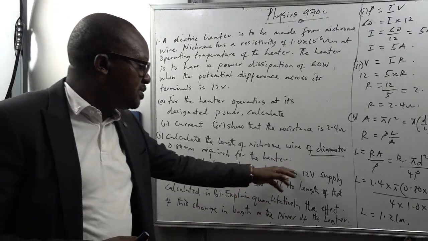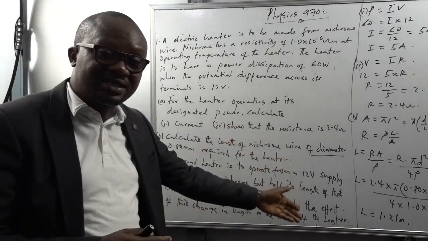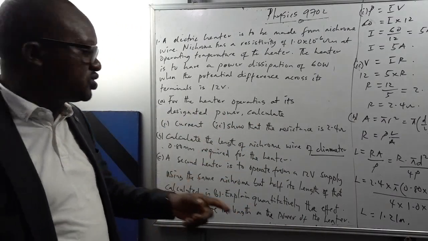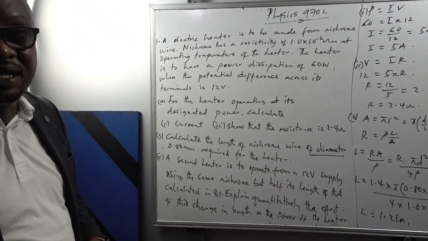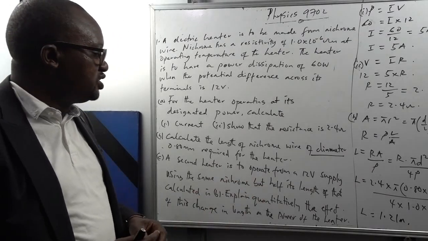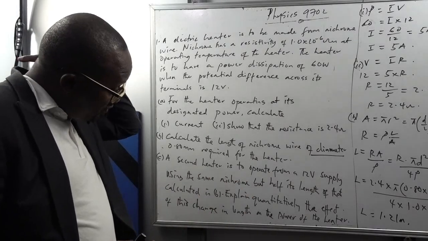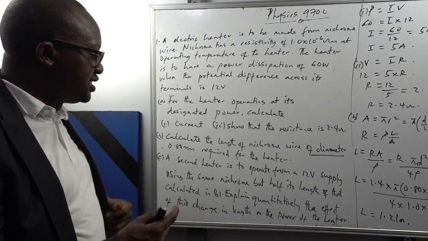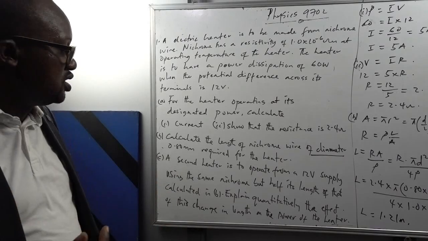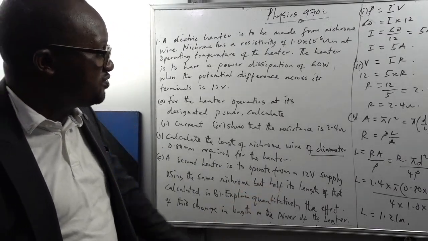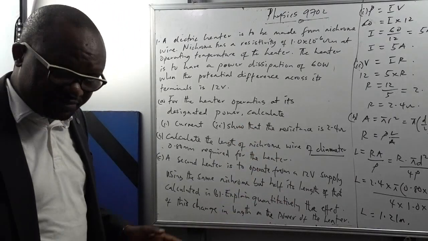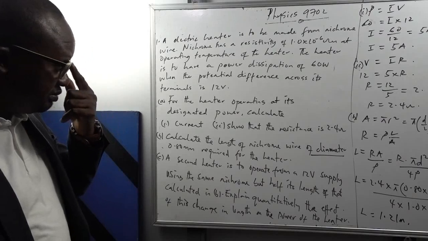So in order to explain how power is affected by resistance, we need to use the equation relating power to resistance at constant voltage. I repeat that. The question is asking what is the effect of using a nichrome wire having half the length of the original one. If length is altered, it will affect the resistance. Then resistance will affect what? Power. So we are looking at variation between power and resistance.